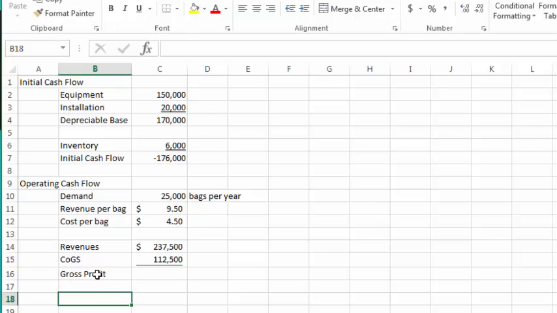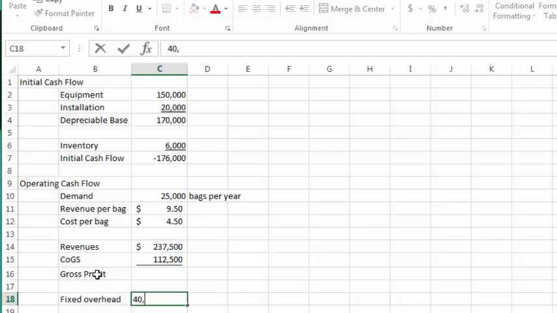Then we're going to go into the operating expenses, which I'm just looking at fixed overhead, which is 40,000.